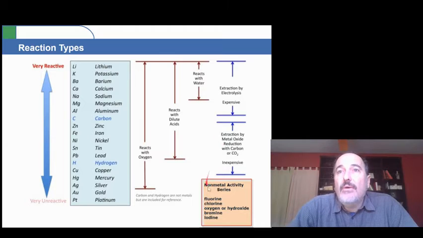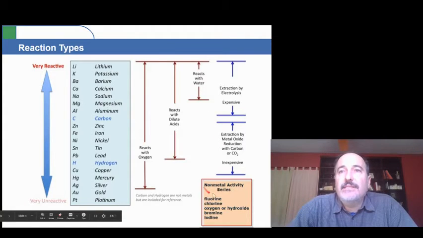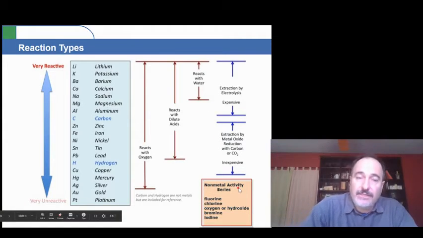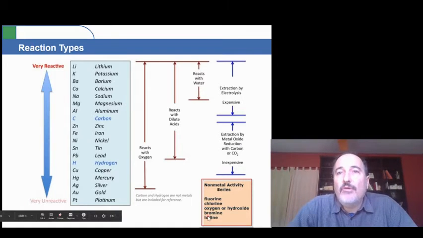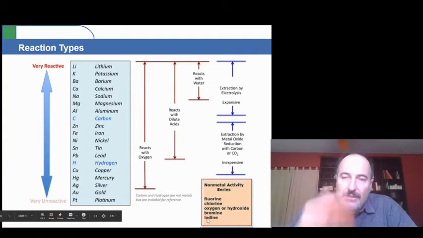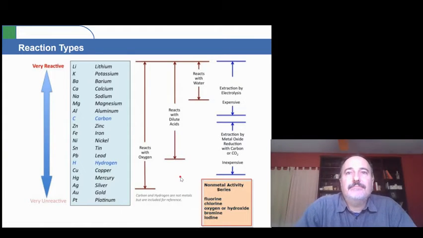Now, the other thing is here, this is the non-metal activity series. So these are the common things. Basically, fluorine will replace anything. But bromine, if bromine's by itself, it won't replace fluorine, chlorine, oxygen, or hydroxide, but it will replace iodine and so forth.